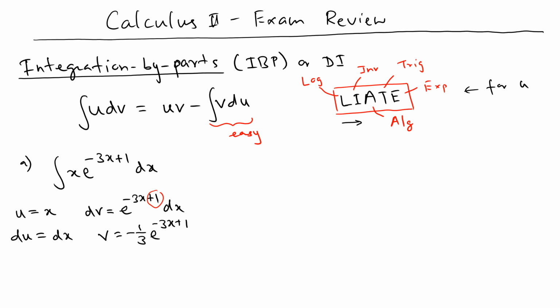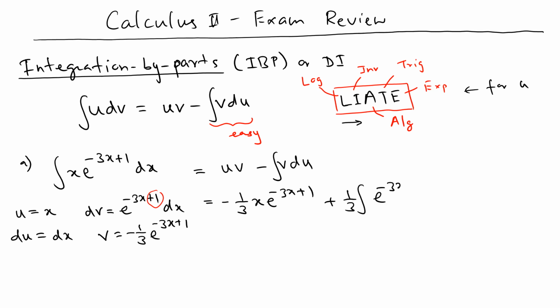Now we're going to plug that in here. According to the formula, this equals uv minus the integral of v du, and we can see that we have everything now. So uv, you multiply the two. I'm going to write this as negative 1/3 x, coming from u, and the rest of the v, so we can write it like that. Minus, and there's a minus sign here, so it becomes plus 1/3 times the integral of the rest of the v, and the du, we have dx.